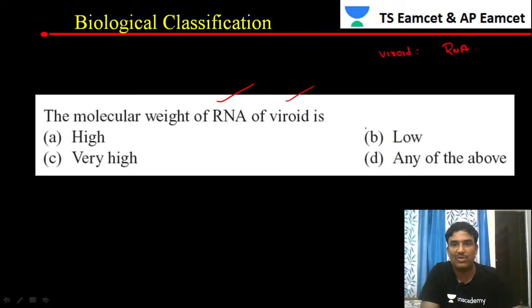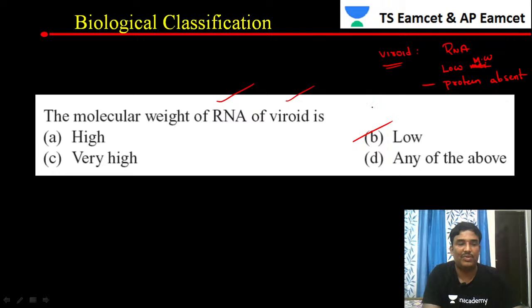Yes, very good, Komala. Option B is the answer. This RNA is of low molecular weight. Another important point to remember is that protein is absent in viroids. So viroids don't have proteins. Option B is the answer.